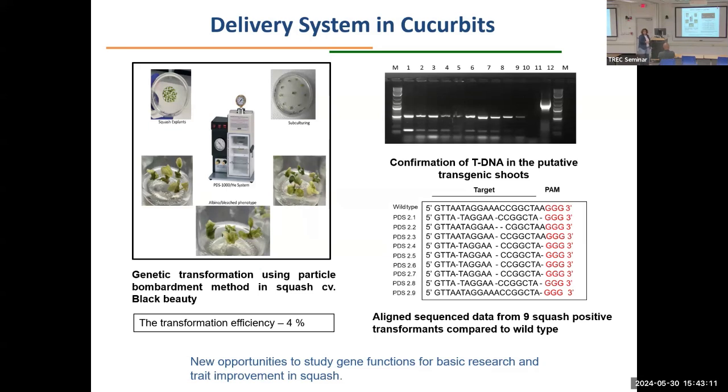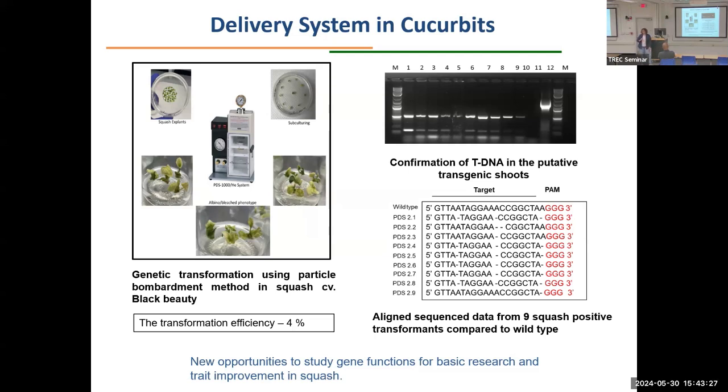At the targeted site, a single base pair deletion, 2, or in some transformants 3 base pair deletion has been observed. So the transformation efficiency achieved is 4%, which is very low.